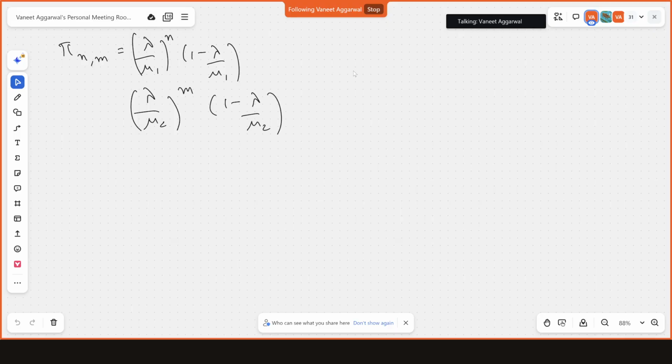So it's basically behaving as if the two servers are independent. Because pi n comma m is the probability of n customers at server 1 times m customers at server 2. That is basically how independence works, that joint probability is the product of the marginal probabilities.